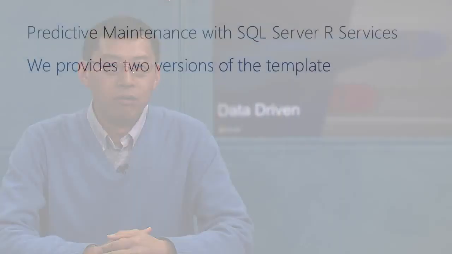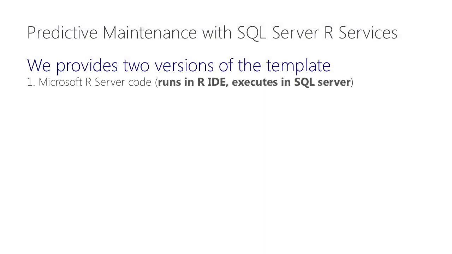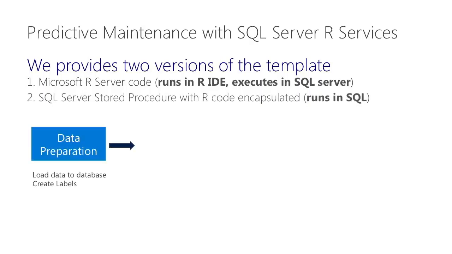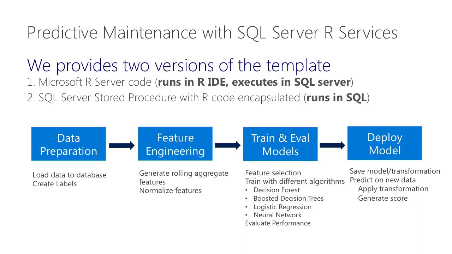For the predictive maintenance template with SQL Server R services, we provide two versions of the code. One is with the R IDE, the other is with SQL stored procedures that run in SQL. I'll introduce how we do the data preparation, feature engineering, model training and evaluation, and then finally deploy the model as a stored procedure and apply it to new data.